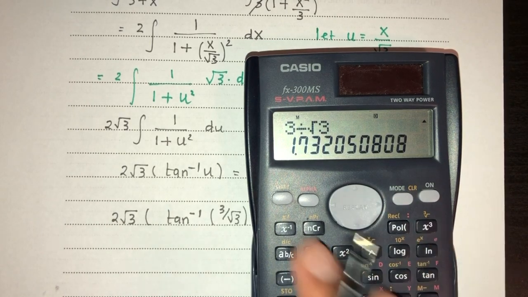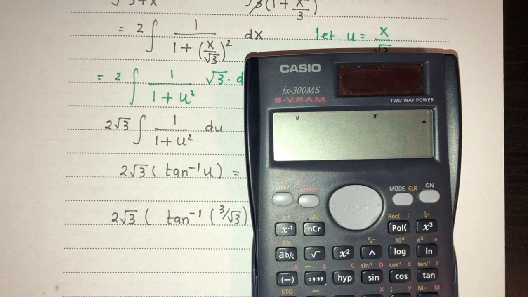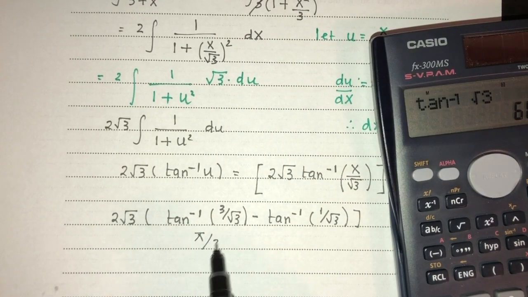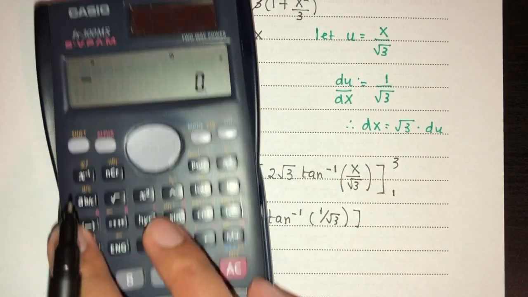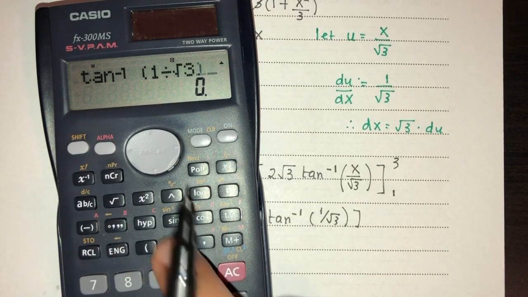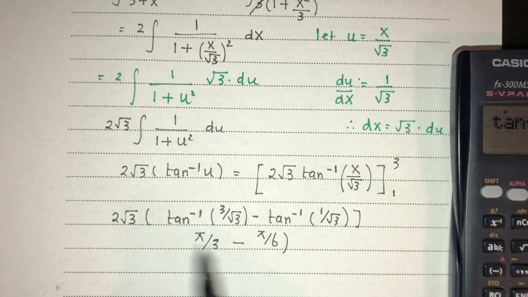Okay, so tan inverse of root 3 is 60 degrees, that is pi by 3. That is the first one, and this one should be tan inverse of 1 divided by root 3, which is 30 degrees, which is pi by 6.